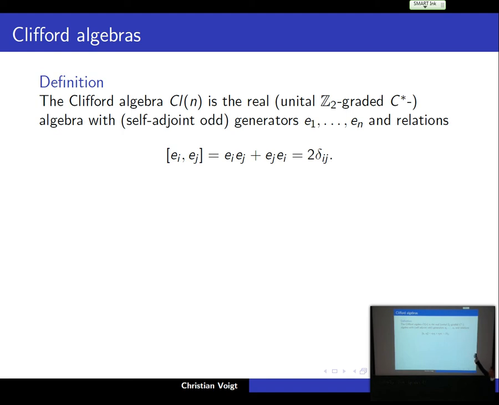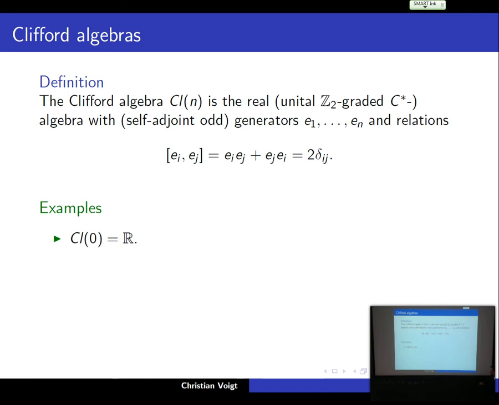This comes naturally with putting all the generators into odd degree. It's also a C-star algebra, a real C-star algebra, so if you like, you can do it that way, whatever you like.